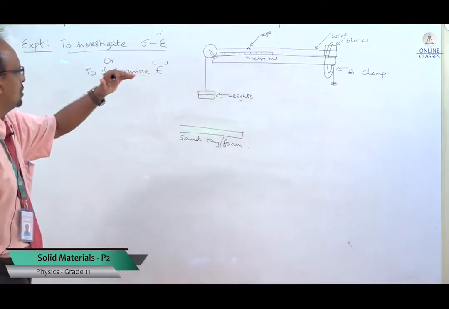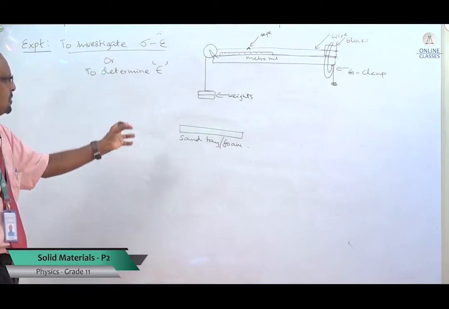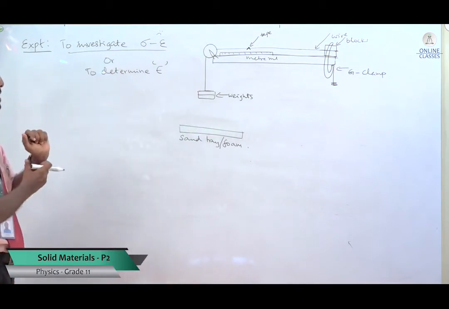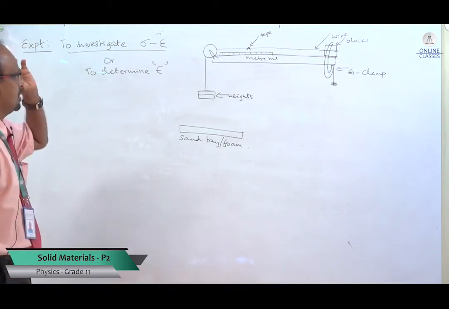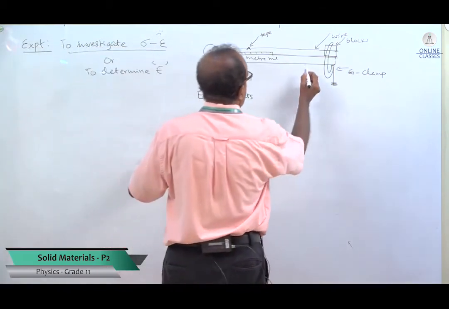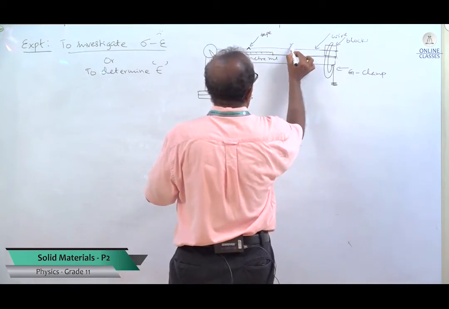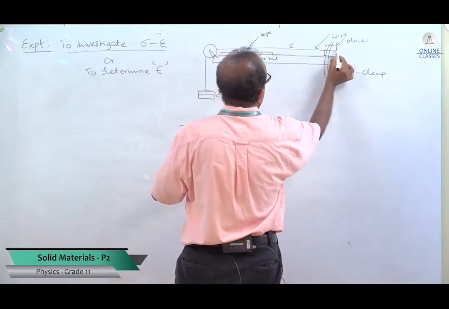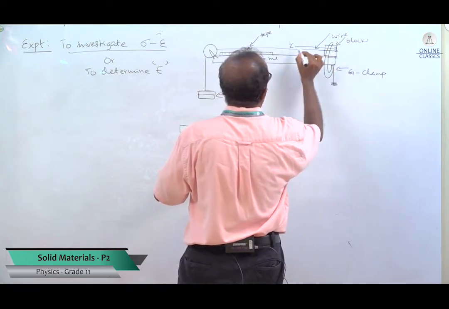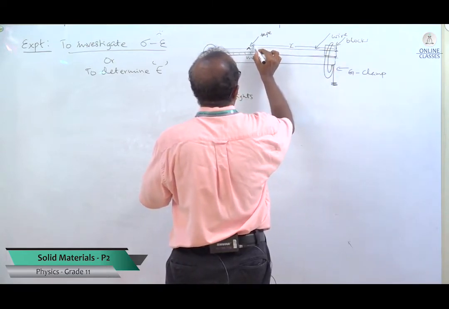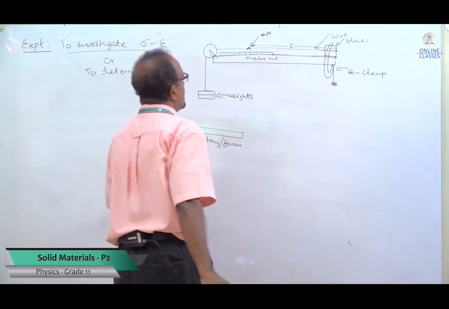That mark will move with the force, okay? That's why we are using it. So we can measure the initial length. First the initial length we can measure. I will mark the initial length from the wire. We want to measure the extension of this wire.